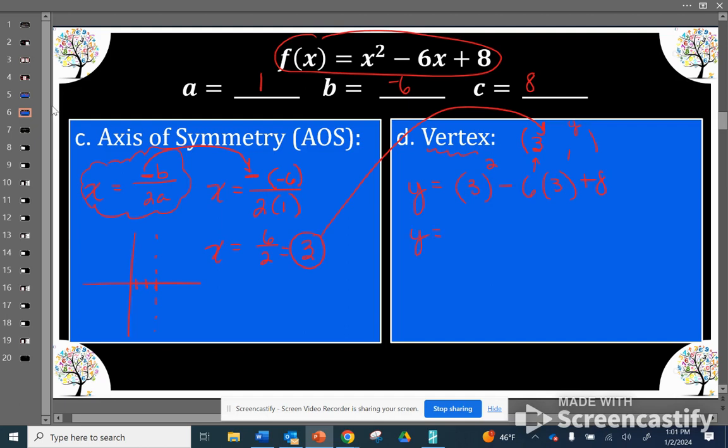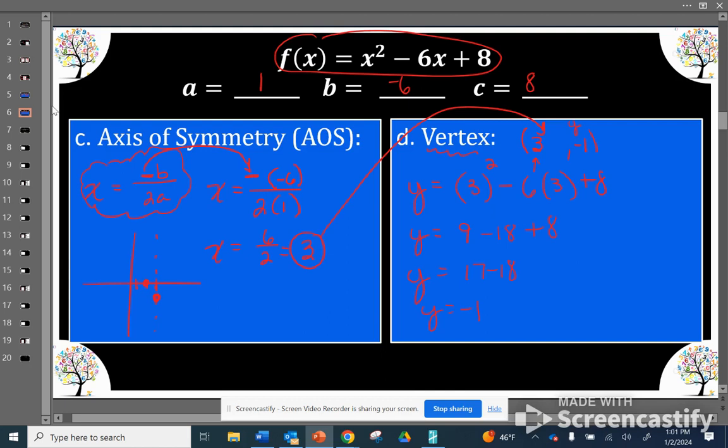And then order of operations: positive 3 squared is 9, negative 6 times 3 is negative 18, plus 8. So we have 9 and 8 is 17, minus the 18, so the y is negative 1. So coming back over here, our vertex is (3, negative 1).